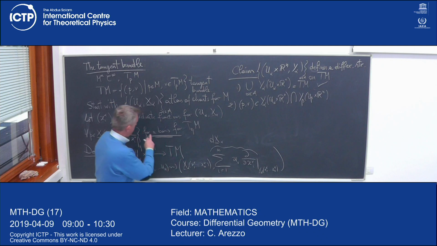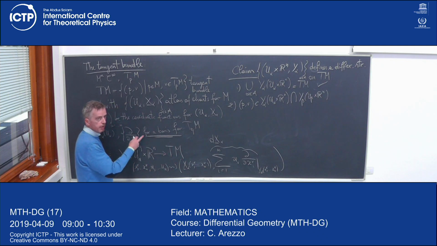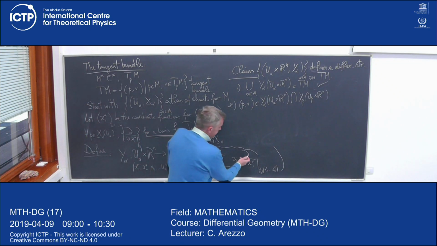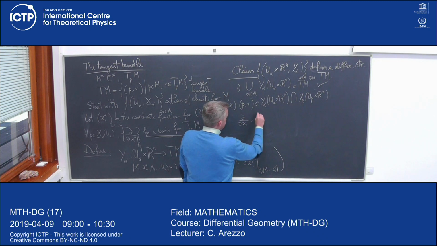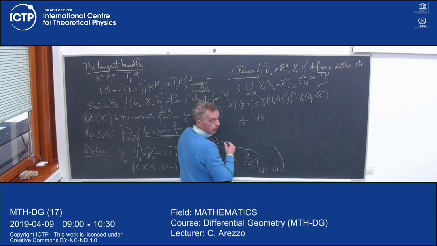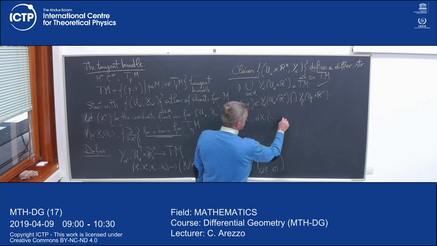I'm rephrasing something we said here. So when I said what is the vector ddx1, now suppose, for example, there is no alpha. So we have one chart, and I'm saying, what is ddx? What is this symbol ddx1? It is actually dx of the vector 1, 0, 0, 0.